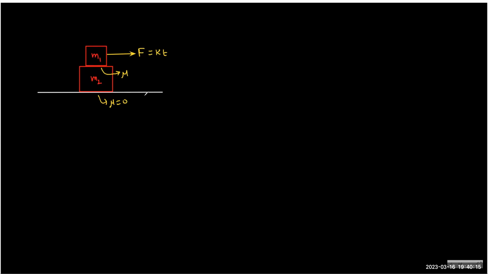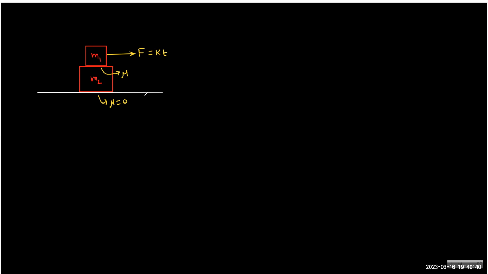M1 will move right. Now, once you know the direction of motion when you assume there is no friction, you get the tendency actually. So when M1 will try to move towards right, how friction will try to act on M1? Leftwards.